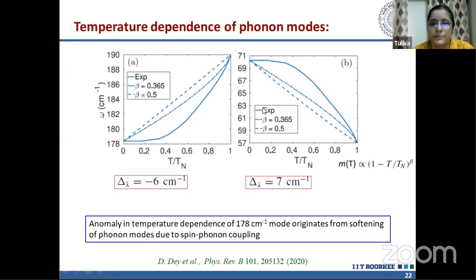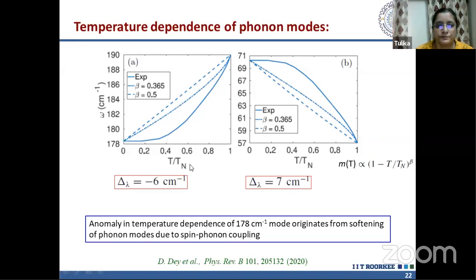We also considered experimental temperature dependence of magnetization, and for these three temperature dependences of magnetization with this delta calculated from DFT, we could explain the anomaly in the phonon frequency observed in that experiment, and it is seen to be originating from the softening of phonon modes due to spin phonon coupling at the zone center.